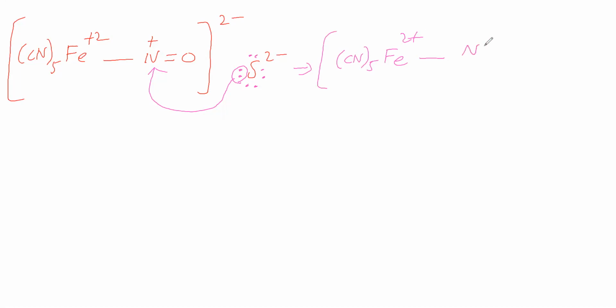Now this N double bond O makes a bond with the sulfur. Since nitrogen gains an electron, the plus charge vanishes. Since sulfur loses one electron, -2 becomes -1. Now what is the net charge? For 5 cyanides -5, iron is +2, NOS is -1.